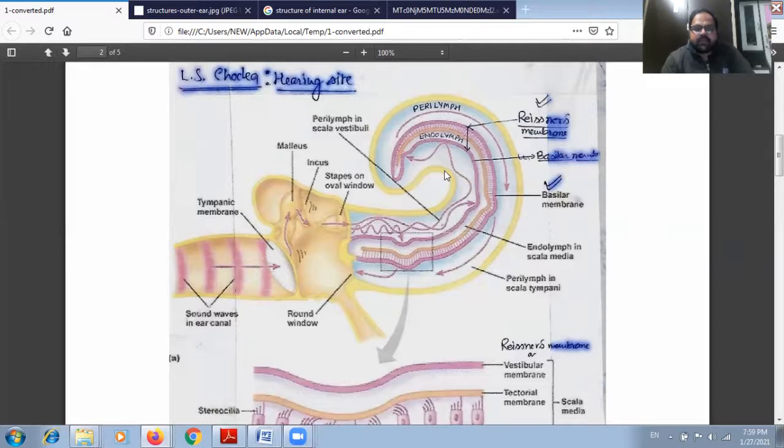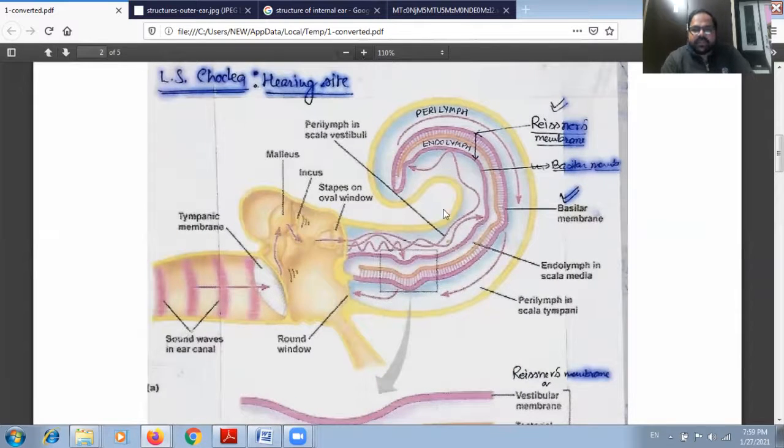And very important, the cochlea is a very important structure. We can see here this one is a tube-like structure, which we were talking about as a snail-like structure. We can see here that there is a tube inside this tube. So two types of tubes are there.